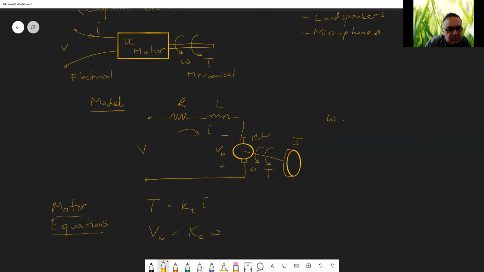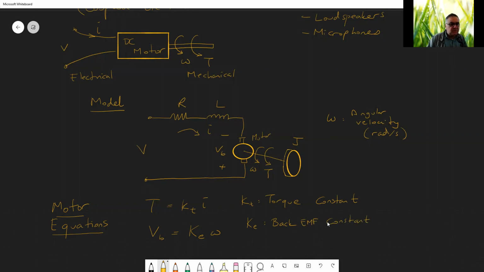As you remember, omega is the angular velocity, measured in radians per second, and T is the torque in Newton meters, and KE and KT are constants. KT is called the torque constant. Obviously, these are linearized equations, and KE is called the back EMF constant.